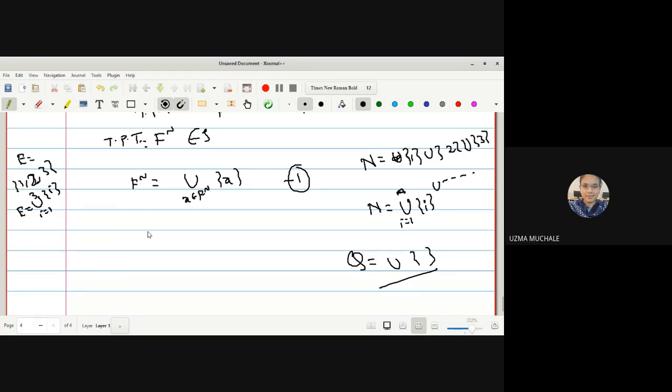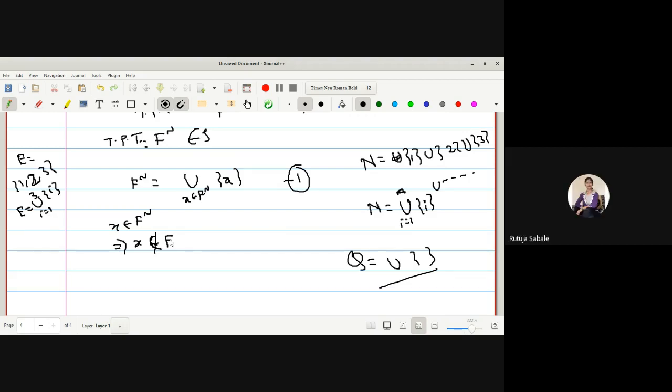So let us take the previous theorem. What is the previous theorem? X is not a member of F, then there exists an open set Gx which contains X and which is contained in F complement. Okay. Now, what is given to us here? Let us select X is a member of F complement. If X is a member of F complement, directly can I write if X is not a member of F?